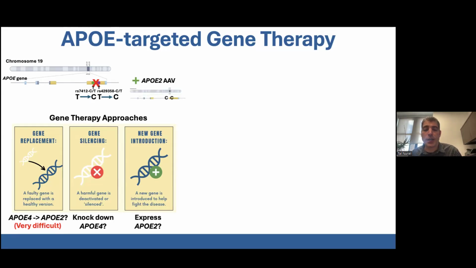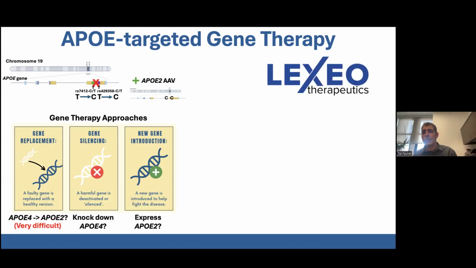There's also the possibility of just expressing ApoE2. It's easy to knock down something in the case of CRISPR, and it's easy to overexpress something in the case of these adenoviruses, AAV. So maybe you don't mess with the ApoE4 gene at all. You just add in more ApoE2. The biotech company that's really leading the way on this is a company called Lexeo Therapeutics.